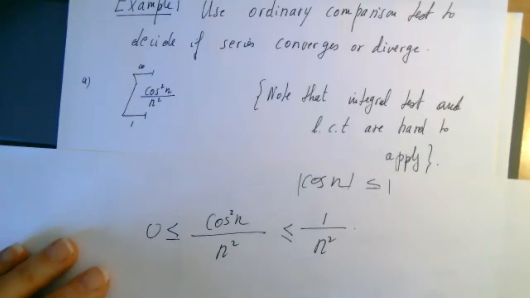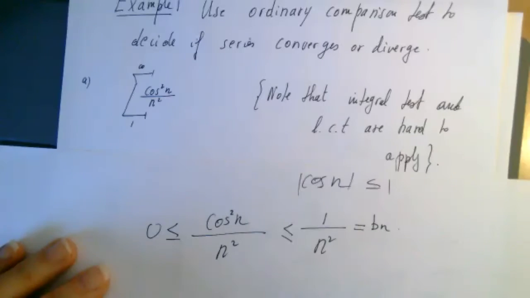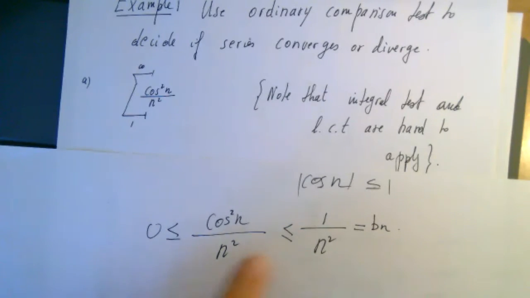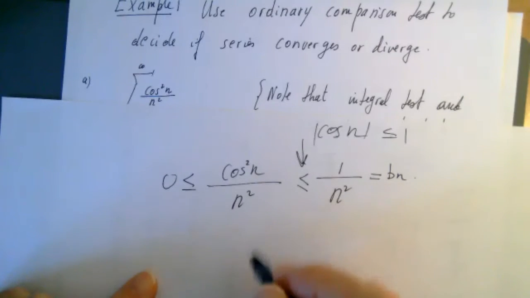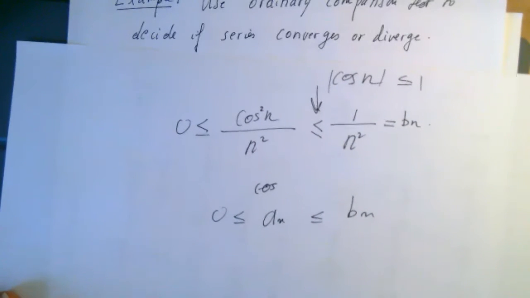So how am I going to use the ordinary comparison test? I'm going to take this to be my bn. I'm not using the limit, I'm using the fact that it's less than. So cosine squared n over n squared, which is my an, is less than my bn, and they are all positive.